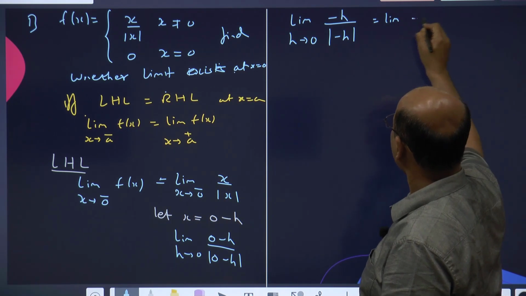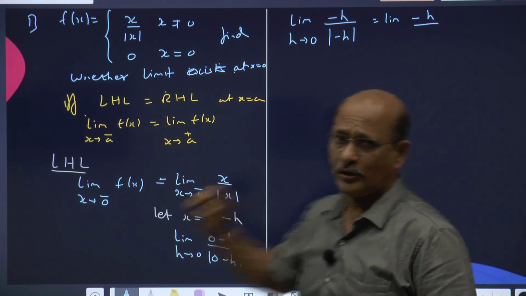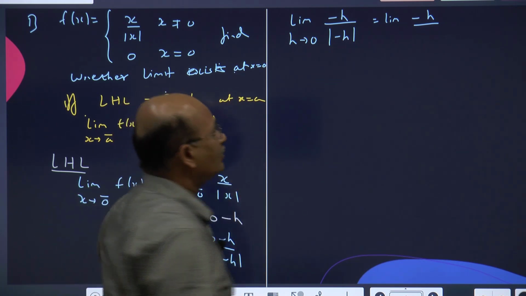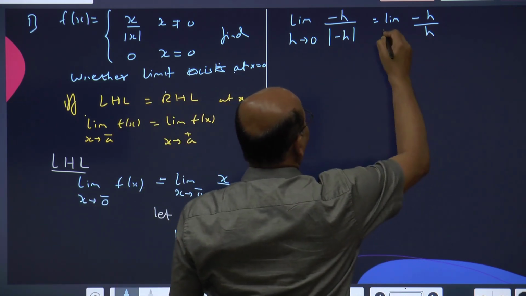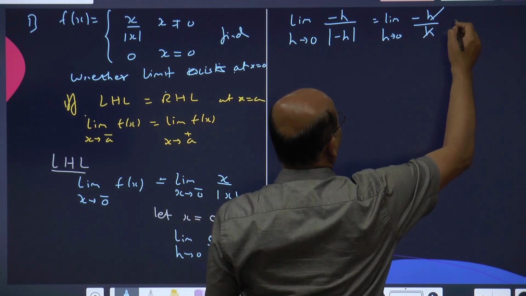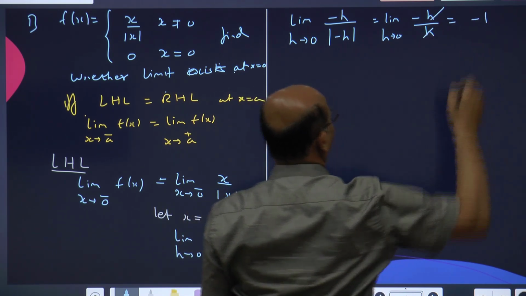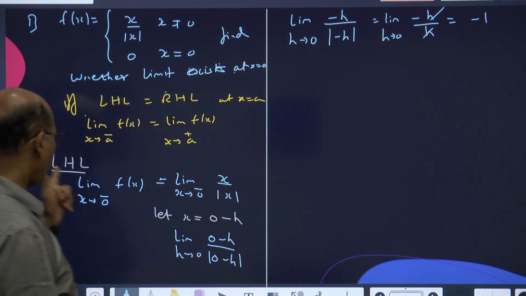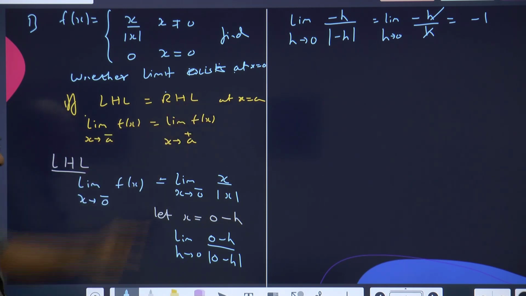The limit of minus h upon, now try to understand, modulus of any negative number will be positive, so I can write positive h as h approaches 0. So this cancels, and this is nothing but minus 1, because the limit of a constant is minus 1. So in short, my left hand limit is minus 1.